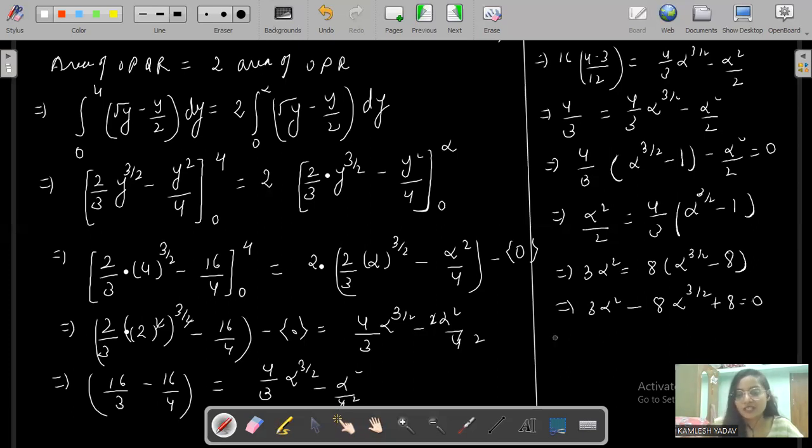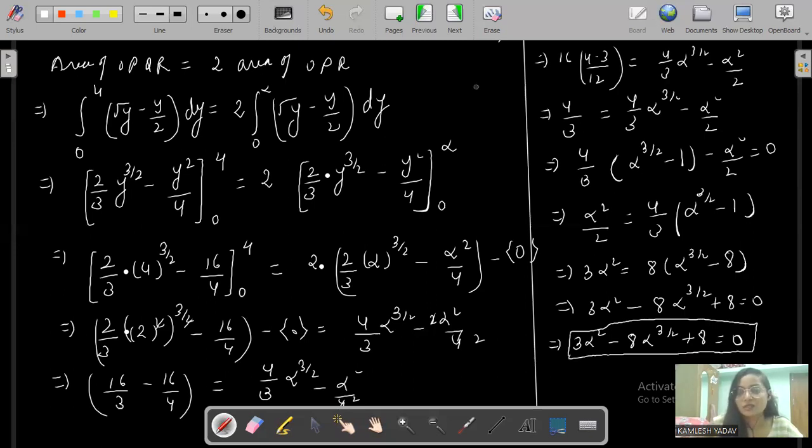So we get the equation from this question: 3 alpha square minus 8 alpha to the power 3 by 2 plus 8 equals 0. So this is the required equation to solve this question.